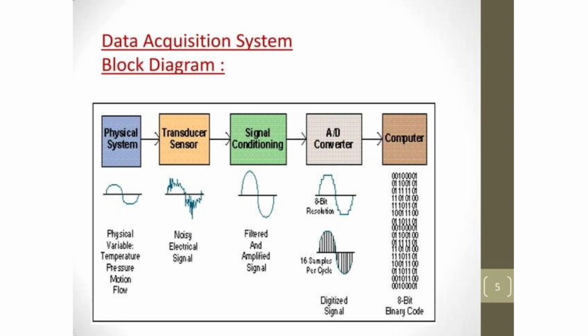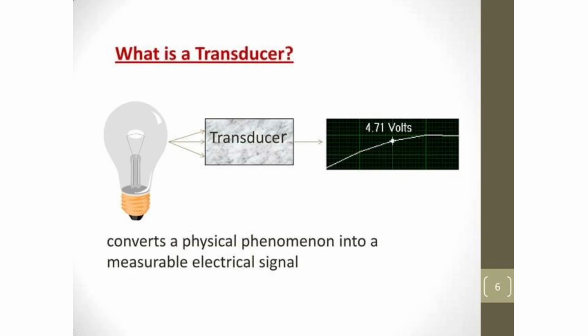The next one is the analog to digital converter, a semiconductor chip that samples the conditioned analog voltage and outputs a high resolution stream of binary numbers straight to the computer system.